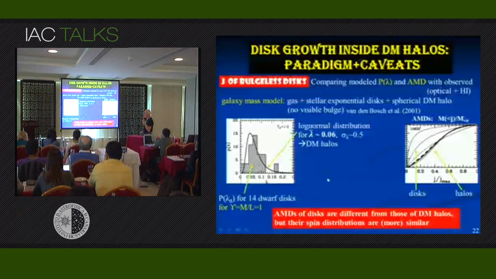So what you see here is the log-normal distribution that I discussed a few minutes ago, which basically has no dependence on redshift. And these are the observations, the dashed line. So this is the distribution of lambda, the distribution of the spins of the dark matter.